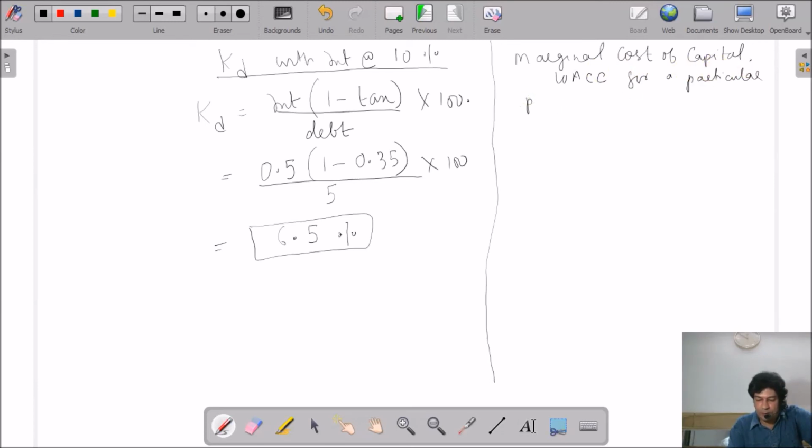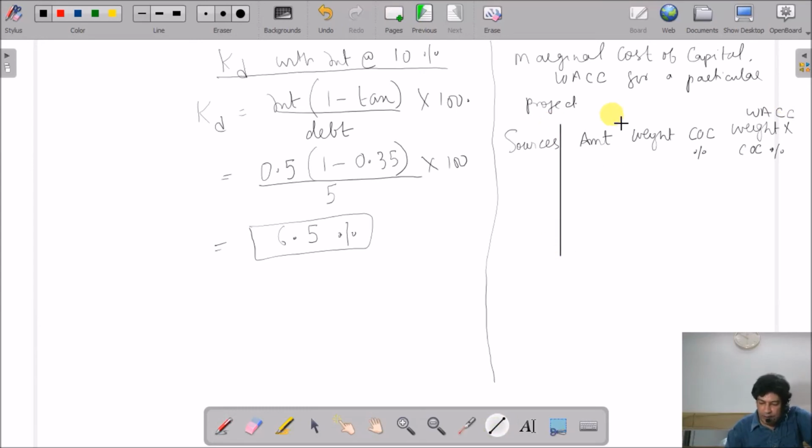So what we have are our sources, then we have the amount which we have borrowed, then we will take the weight, then we will take cost of capital percentage, and then the weight we are going to multiply by the cost of capital percentage, which is WACC.